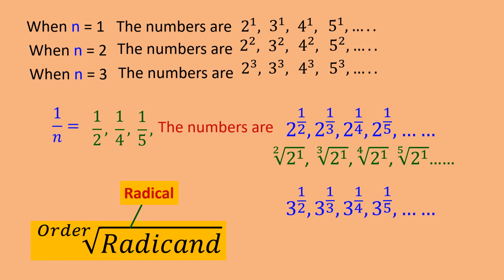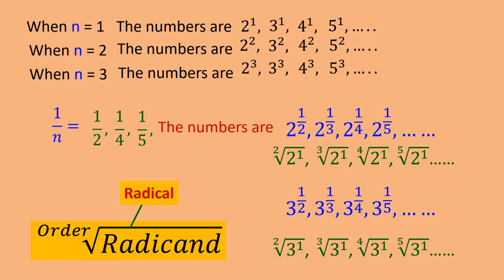Now see the other example. Same way, either you say 3 raised to 1 upon 2, or you can say square root of 3. 3 raised to 1 upon 3, or you can say cube root of 3.